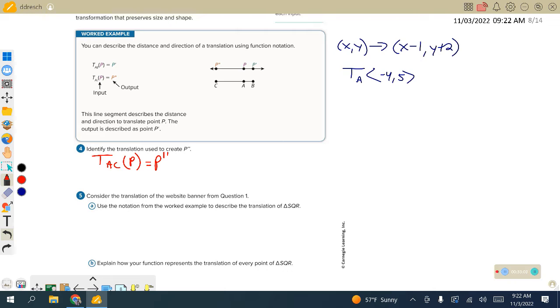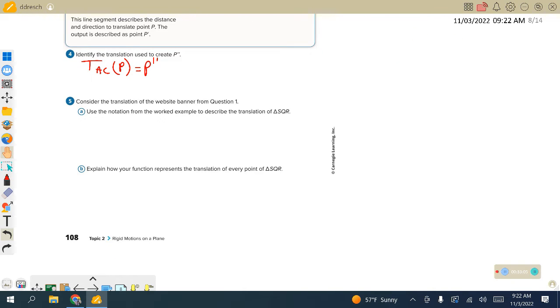We did a translation. Let me write that T a little bit better. We did a translation of triangle SQR to create triangle S prime, Q prime, and R prime. But you gotta give it something to follow.